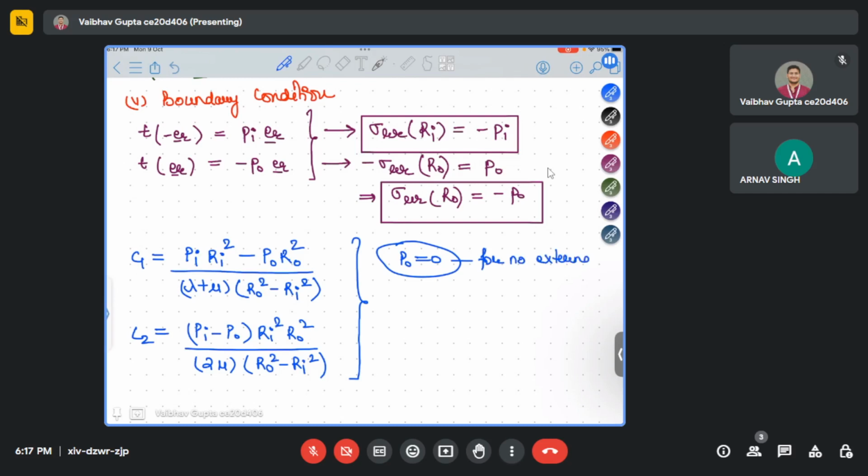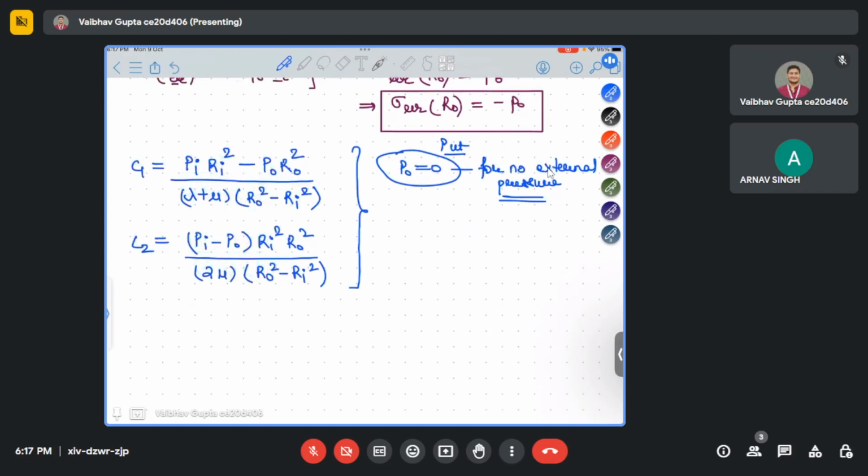You will get the same constants as given in the lecture notes also. You can cross check this thing. Suppose in the question they ask that the internal pressure is not applied, only external pressure is applied, you can put Pi equal to 0. Okay, understood? So this is C1, C2.